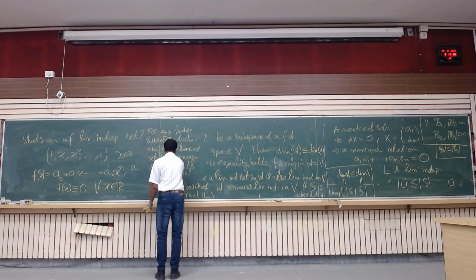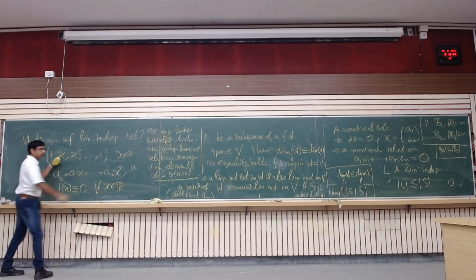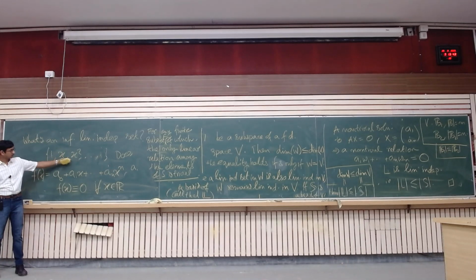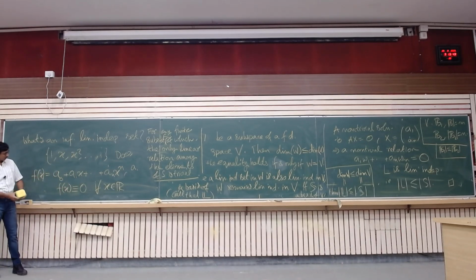Okay. So in particular, if you take any set of powers of x, any finite subset, then we just showed that they should be linearly independent. You can take some x to the power n common out of that, and then you are having such a polynomial, right?